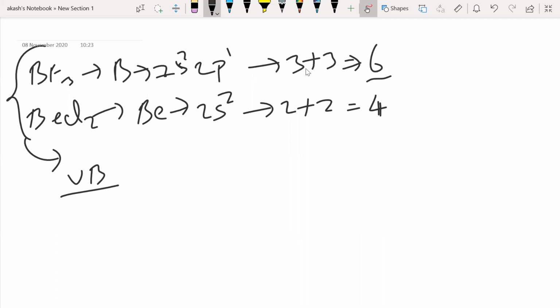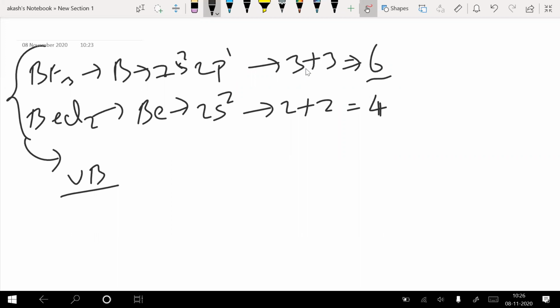It says a covalent bond is formed when unpaired electrons in the valence shell of an atom get paired. Okay, that's what it says.